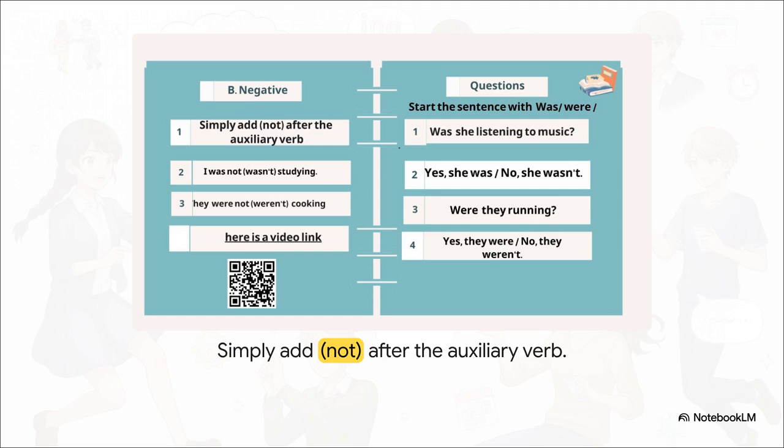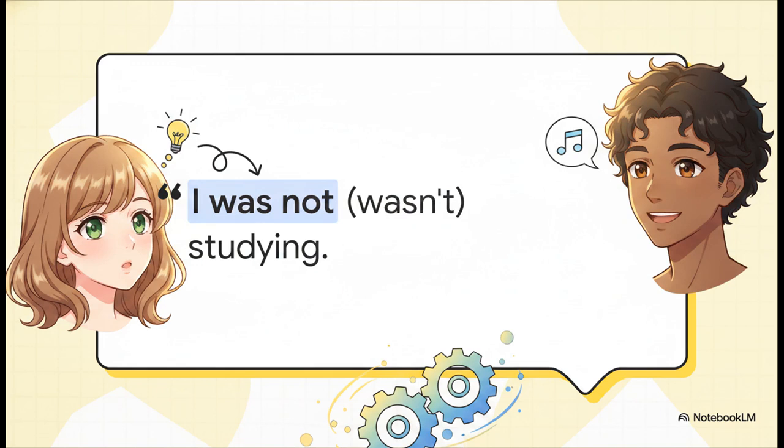That is it. And this brilliantly illustrates how we can make our English sound way more fluent. We can seamlessly contract was not into wasn't, or were not into weren't. Saying, I wasn't studying, instantly creates a much more natural conversational tone compared to the slightly robotic, I was not studying.